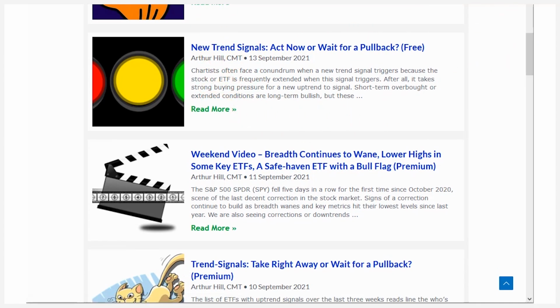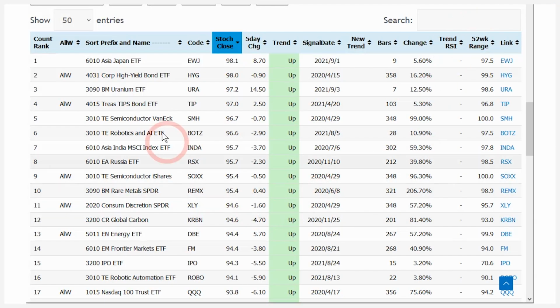But I want to show you this ETF ranking table. This has 128 ETFs, and I rank them by this Stoke Close indicator. And there we can see the Semiconductor ETF, SMH, is number 5 in the list, and the SOXX is number 9. So these are on my leaderboard as far as strength is concerned in my ETF universe.